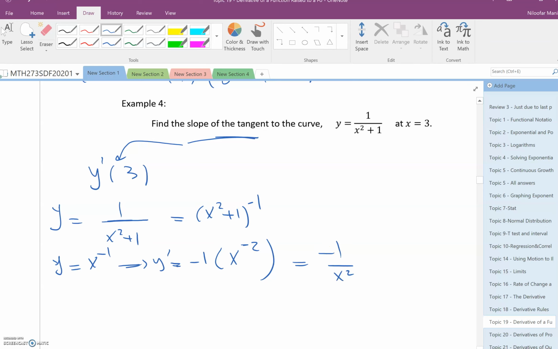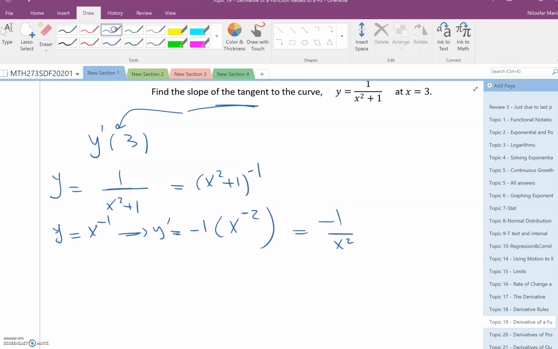Okay, good, perfect. But here I don't have x to the power minus 1, I have u to the power minus 1, which I can show you here. I have y equal 1 over x squared plus 1, which is x squared plus 1 to the power minus 1.